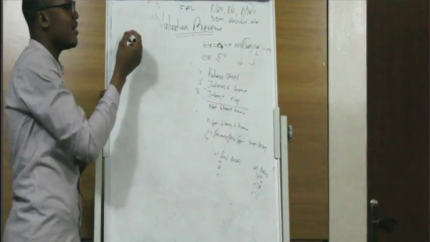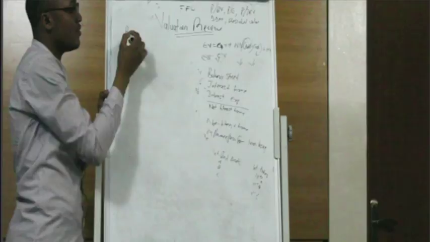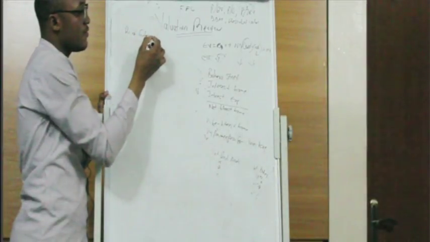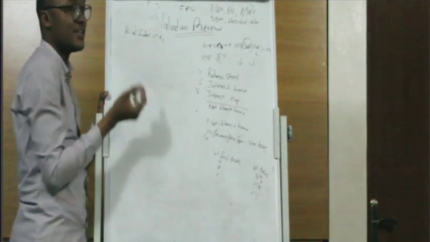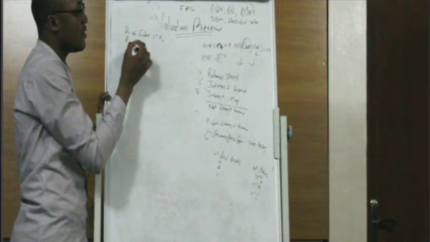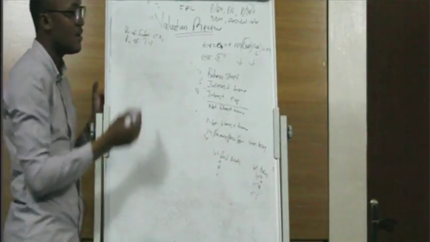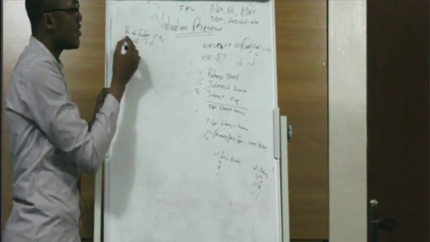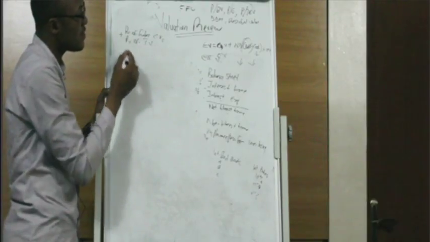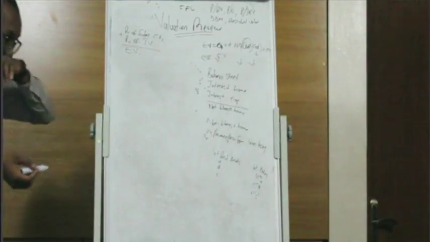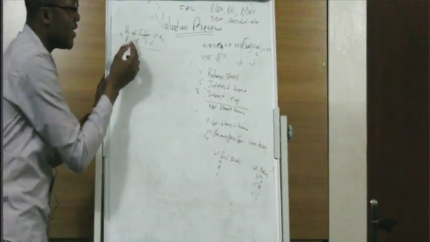You are trying to estimate the present value of future cash flows, and the present value of a firm's terminal value. Then you sum up, so this plus this gives you what? Gives you the enterprise value of the company. This is very simplistic.